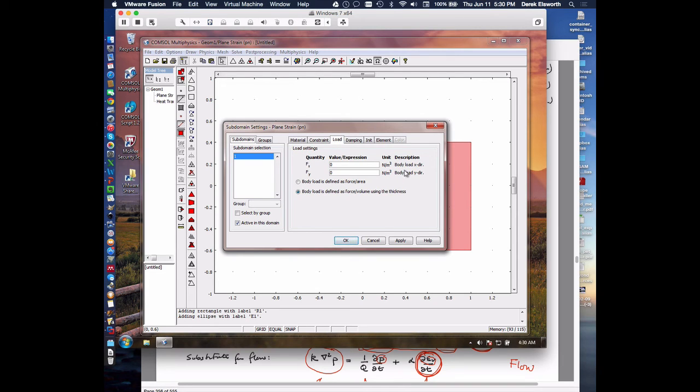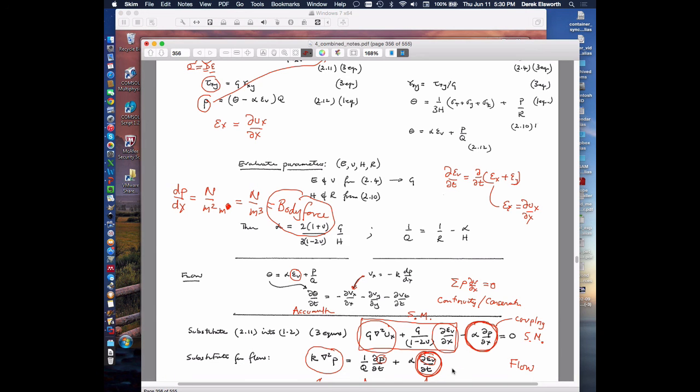This is a body load in the x direction. And so I suppose the magnitude in the x direction would be, well, this is one equation, I should make the case. So this is the equilibrium equation in the x direction, and there'll be an equation like this for y and no z in this particular case.